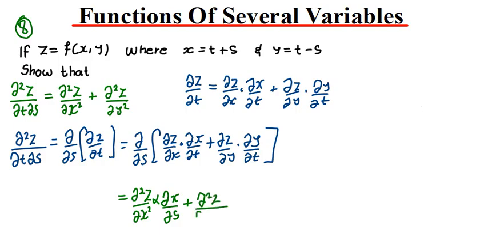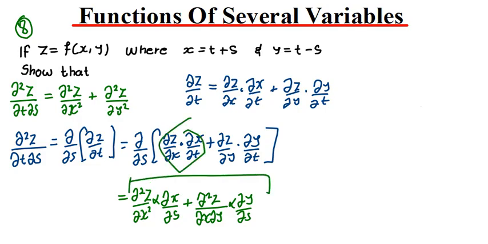Then you have partial of x, partial of y here, and this is multiplied by partial of y with respect to s. Remember we have this s here, so that's where I'm getting this s and that s there. Okay, then what I've gotten right here, this is for this one. Let me go ahead and write for that one there.